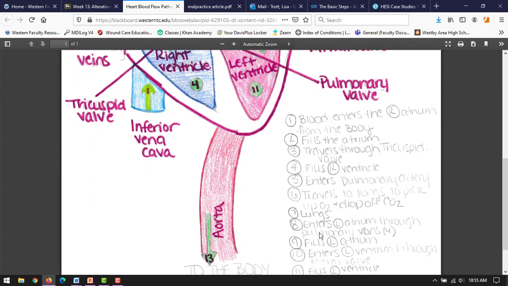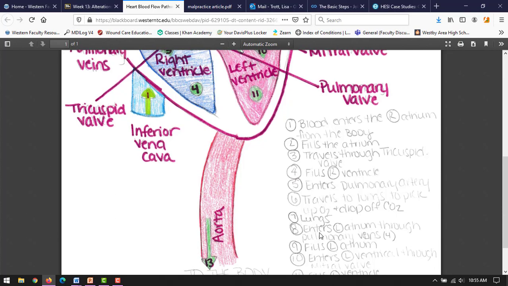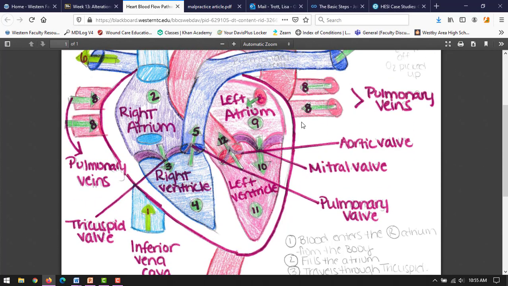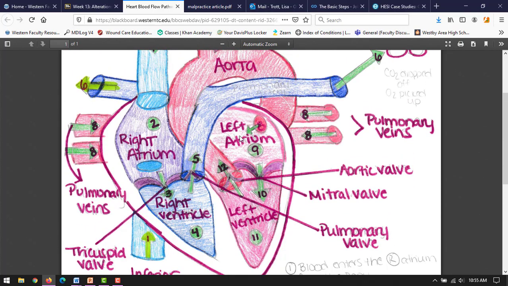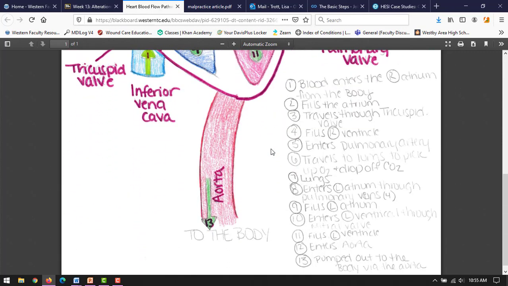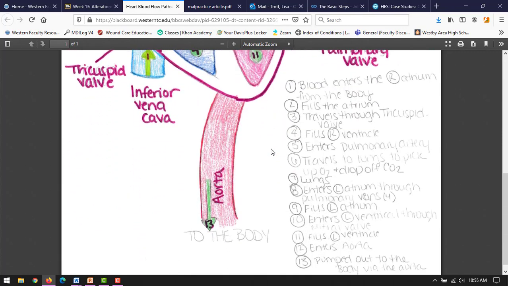There it's going to drop off CO2 to be expelled, like when people breathe out, and to pick up some oxygen. It's going back in from the lungs, coming in through the left atrium right here, from the pulmonary veins, because there's oxygen in those veins.